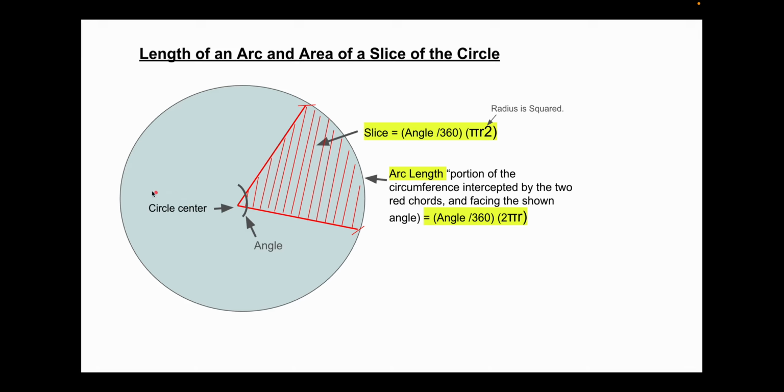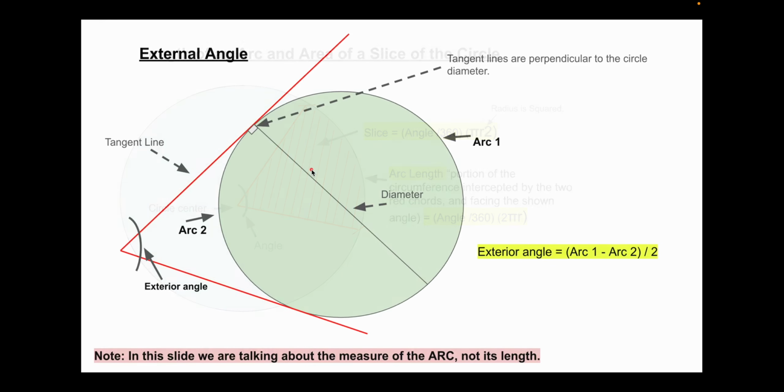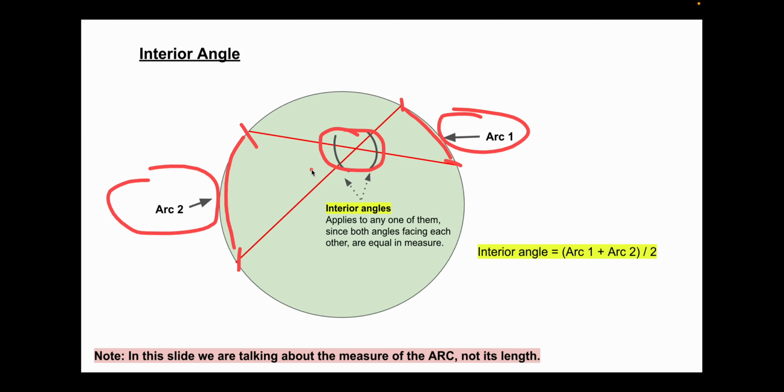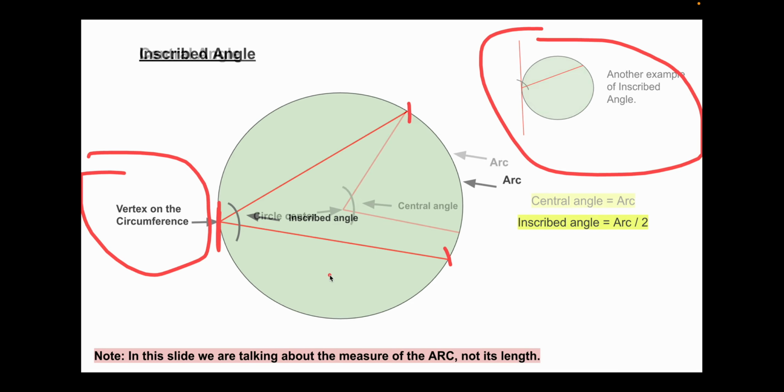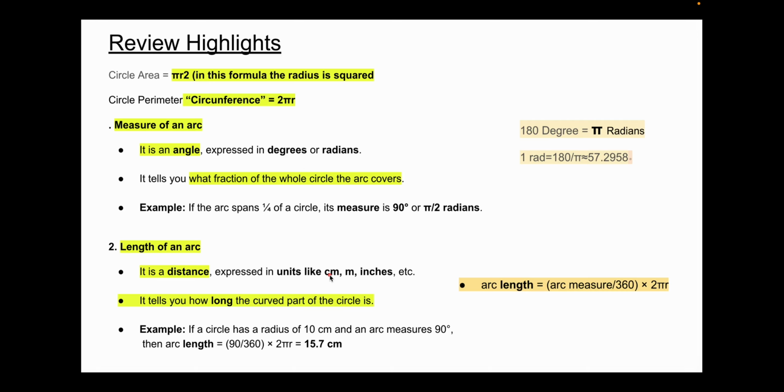So remember we said in the previous slide, I think this one here, if we wanted to calculate the length of an arc, it's equal to the arc measure or the angle divided by 360 times the perimeter of the circumference, which is 2 pi r.